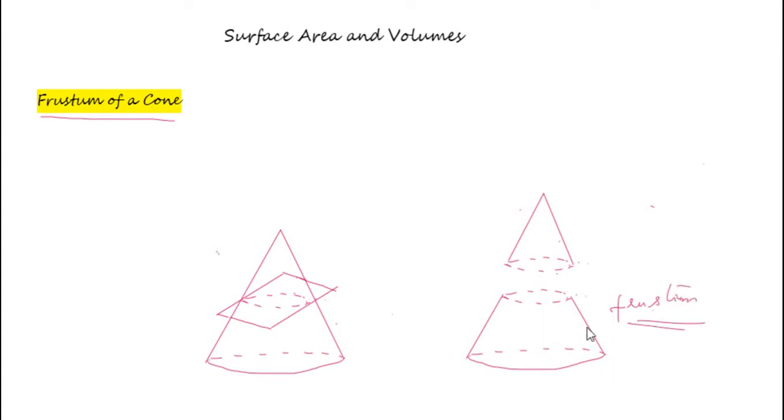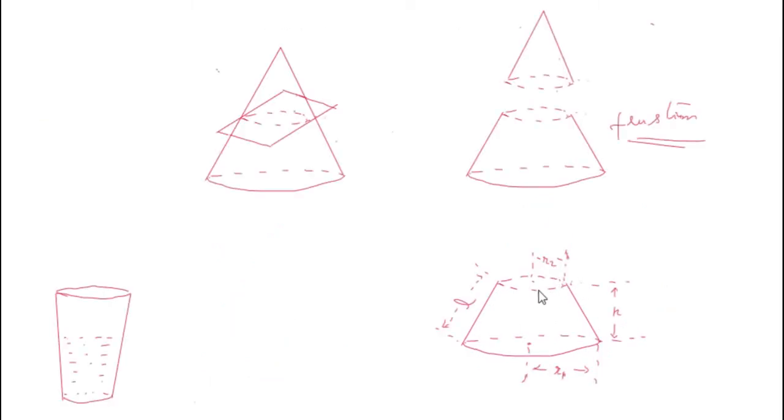Now in this module we are going to discuss this piece of solid, the frustum of a cone, and we are going to find out the surface area of this solid and also the volume of this solid. A frustum of a cone has three surfaces. One is this curved surface and then two parallel surfaces which are circular in nature. Let the radii of these two circular surfaces be R1 and R2, where R1 is greater than R2.